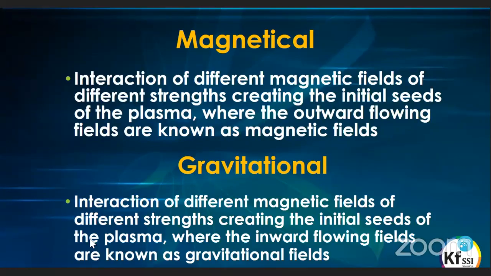And gravitational is the interaction of different magnetic fields of different strengths creating the initial seeds of the plasma, where the inward flowing fields are known as the gravitational fields. So that gives you a nice definition of those two meanings.